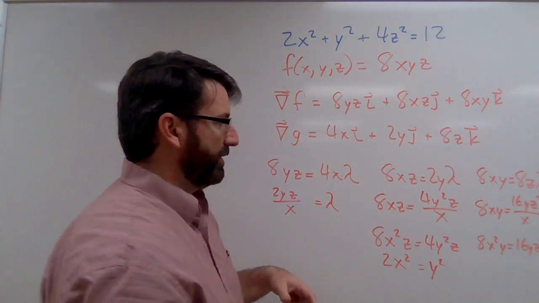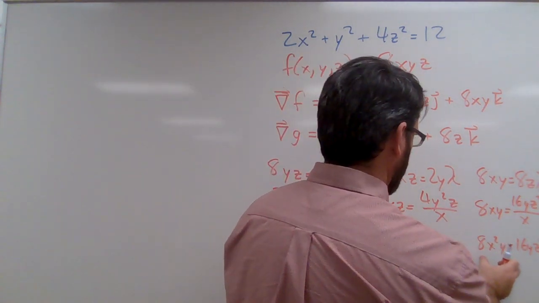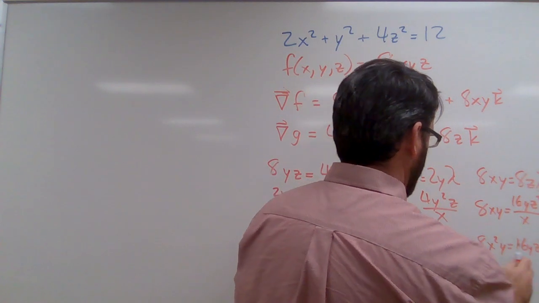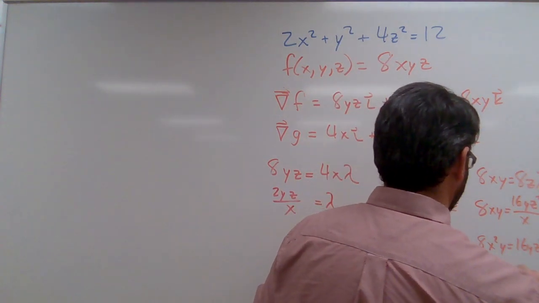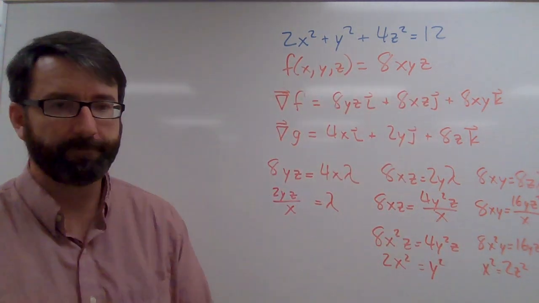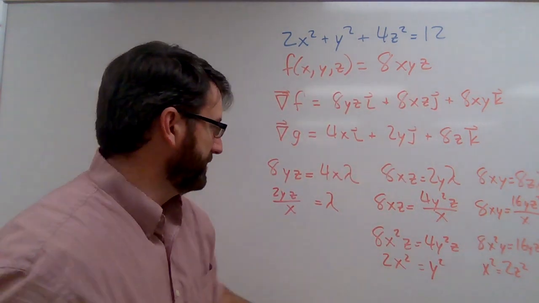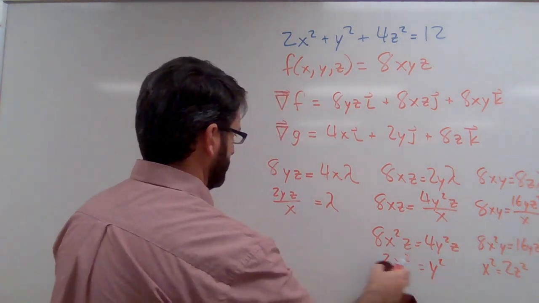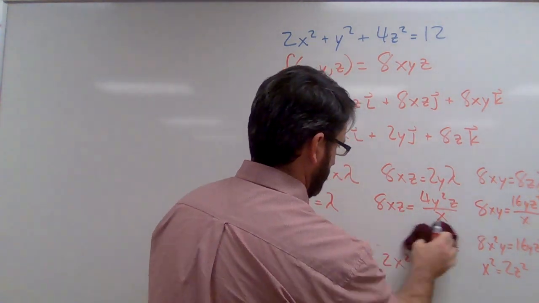And if we divide both sides by 8y, we get that x squared is equal to 2z squared.